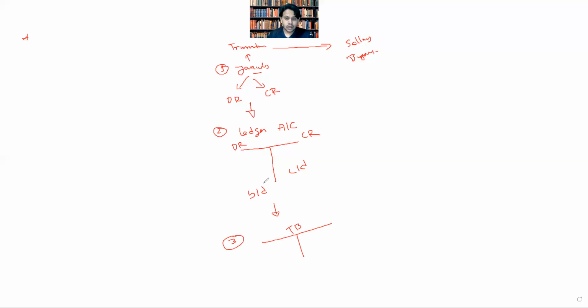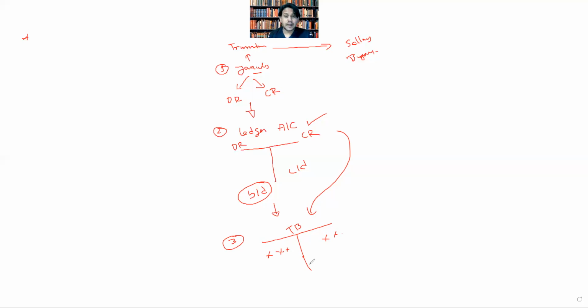So we take all the balance BD from the ledger account and include it on the trial balance. So here we say debit and credit. We record every single ledger balance, especially the general ledger balance, because we don't take the subsidiary ledger.